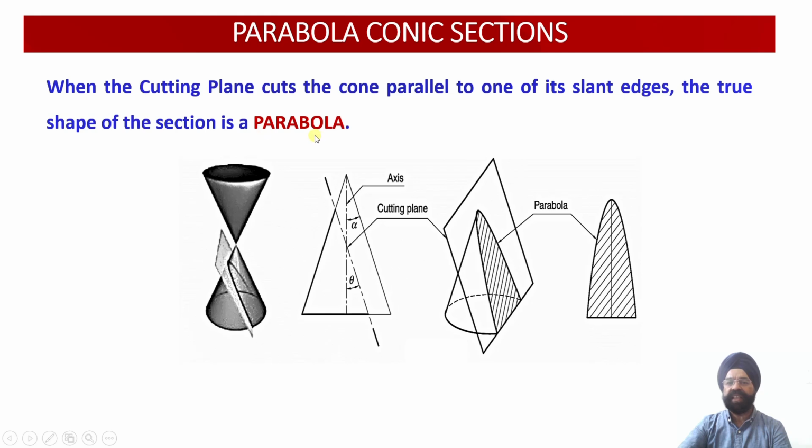Then the resultant shape of the cut section will be a parabola. This is again a geometrical shape which can be verified mathematically as well. Again, you can see this is a freehand curve which you are required to draw. But once again, the true shape will not be available in the front view. It will be available on an AIP which will be drawn parallel to this cut section.